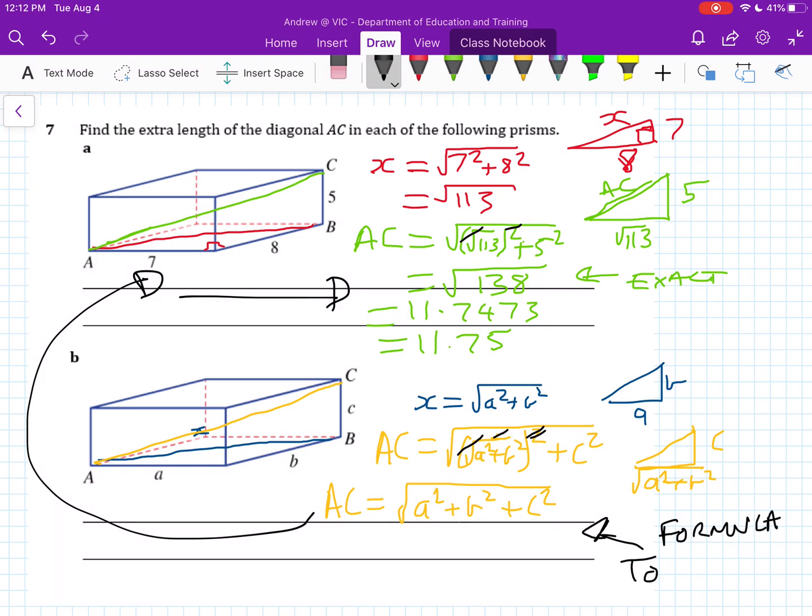So if you have a rectangular prism and you want to find out the length of the diagonal, this is the formula you can use, if you know those three side lengths. Okay, so hopefully this helps with using Pythag to work out diagonal lengths. So good luck.